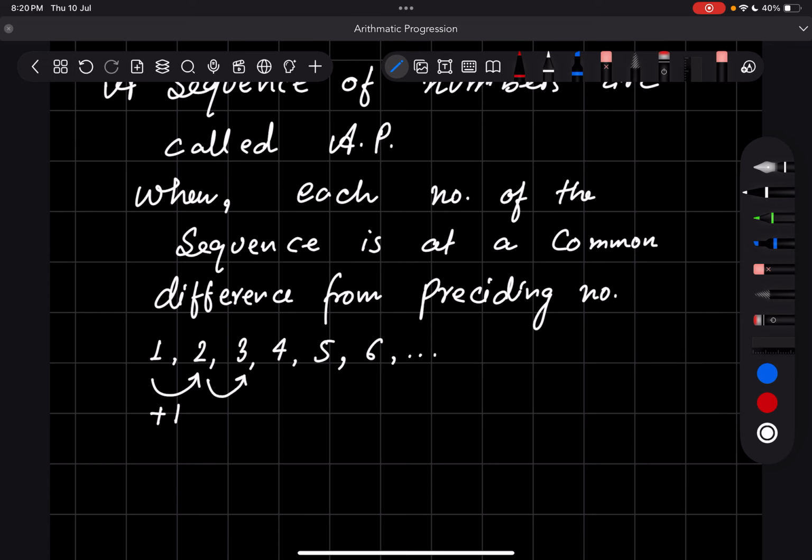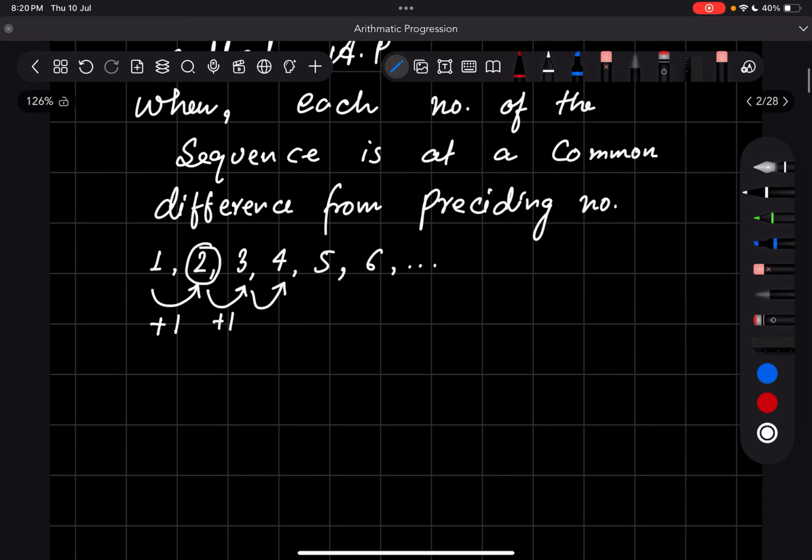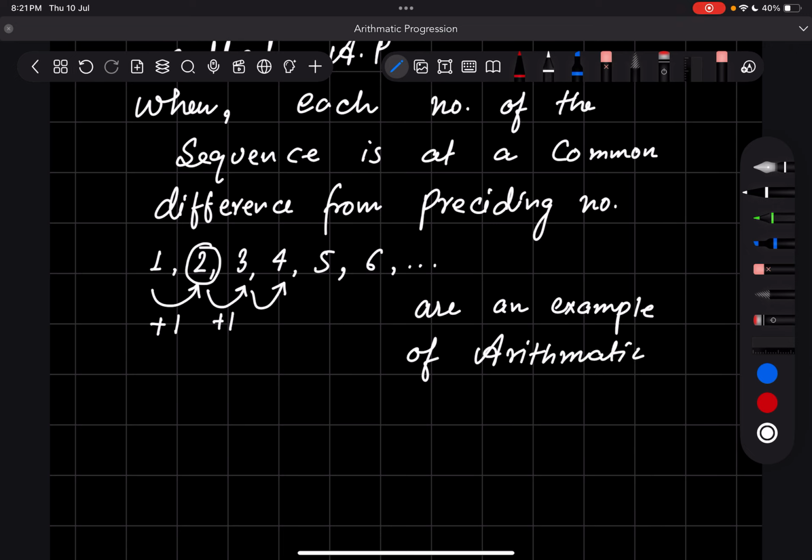Again, number 3 is at a common difference of 1 from its preceding number, that is 2. And this sequence will continue throughout the same. So we can say that the counting numbers written over here are an example of arithmetic progression.